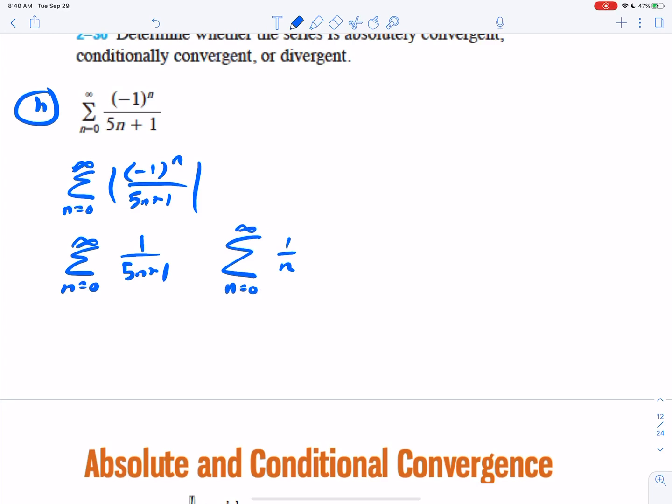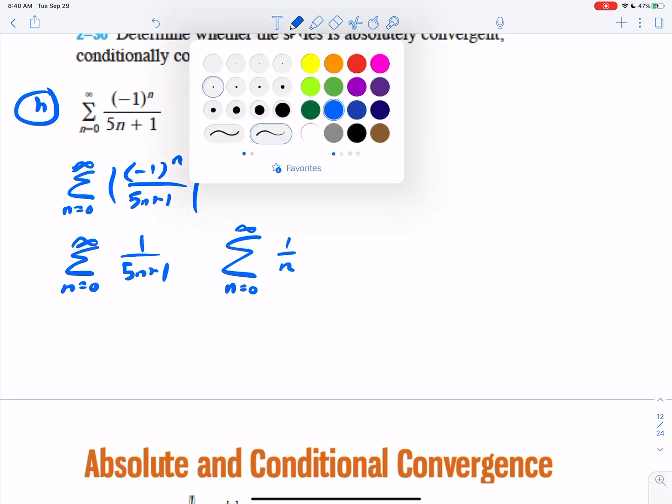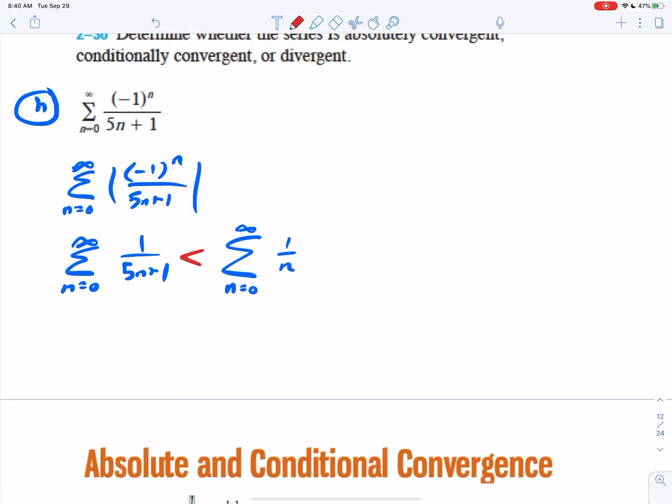Now here, notice how you have to make a comparison. Can you quickly tell if it's less than or greater than, right? Okay, so notice how with the left series, the denominator is getting larger, meaning the overall value is getting smaller. Okay, so this has to be a less than. Now we know that this here will diverge because it's harmonic.